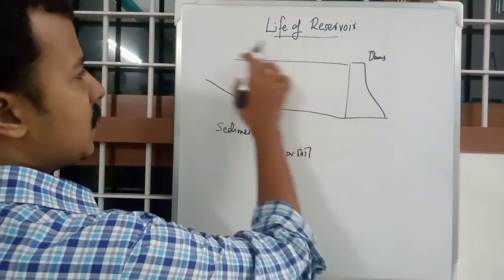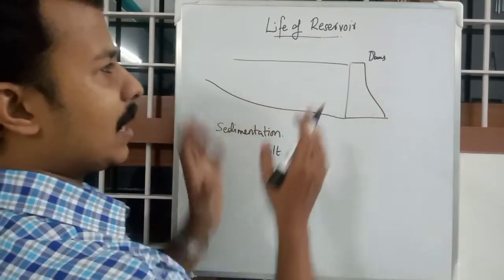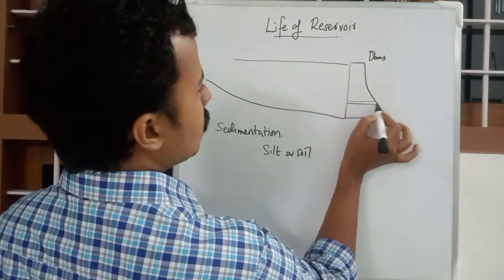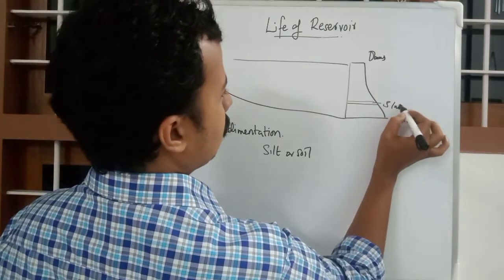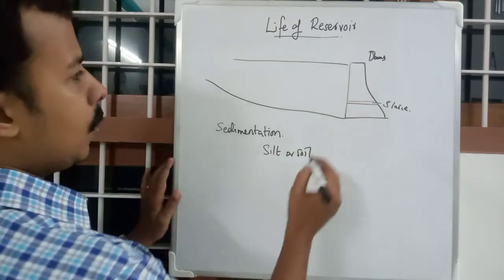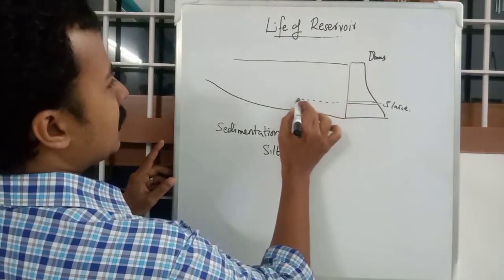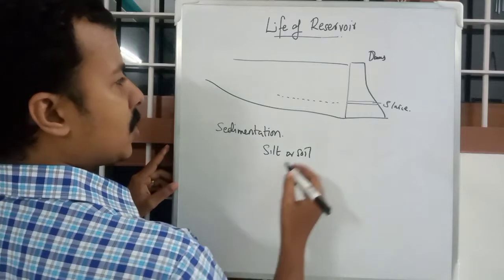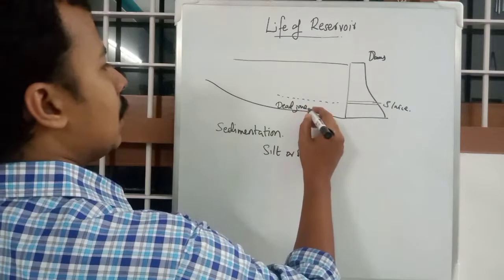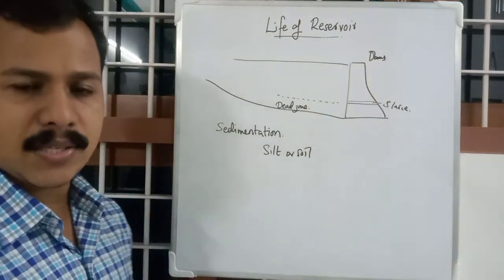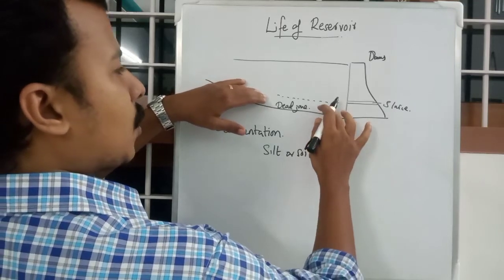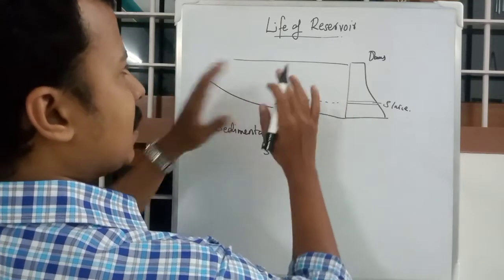If this is a very vague representation of a reservoir, there will be a bottom sluice pipe or vacating pipe in dams. Below that portion, for example this portion, is called the dead zone or dead storage, which we do not consider as the storage of the reservoir.